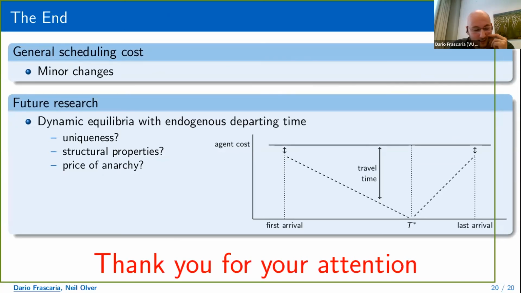For a price of anarchy result, you just need the total cost of an equilibrium and the total cost of the optimal flow. And at least for the optimal flow, we can compute that cost.